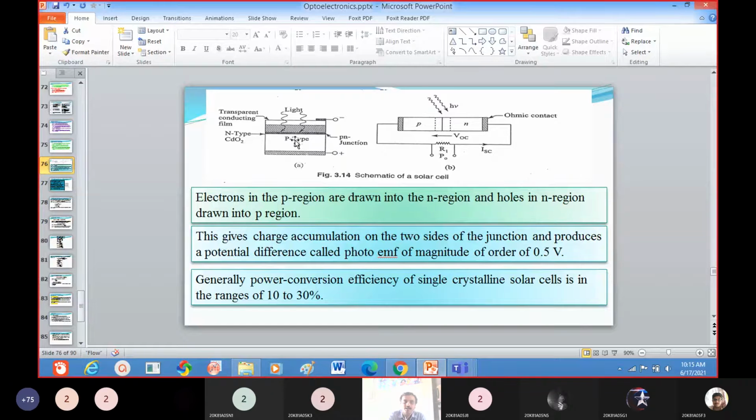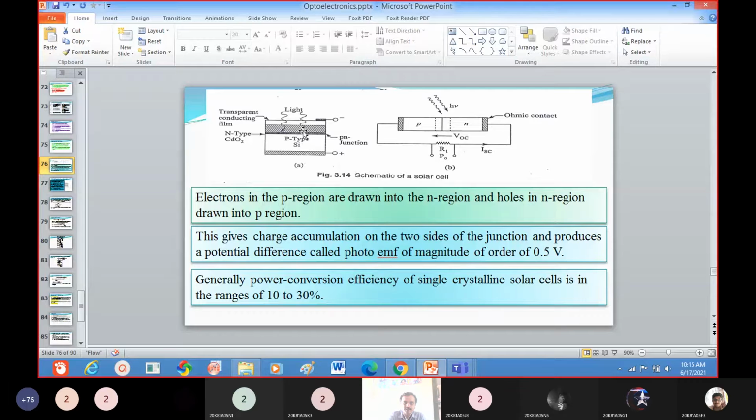In between, a depletion region forms due to the diffusion process. There is one more layer, the transparent conducting film, which protects the total solar cell.